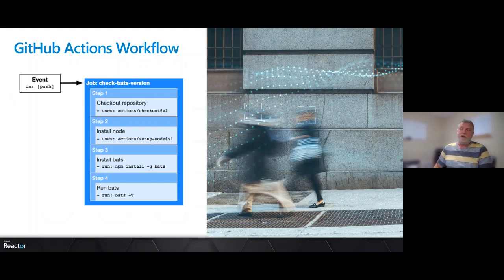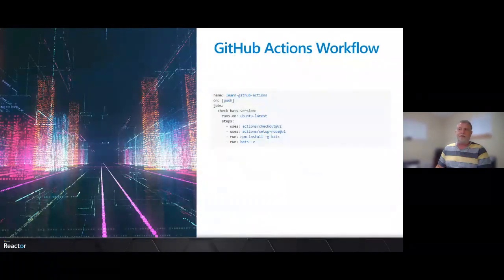So if we take this conceptual workflow definition or layout here and actually translate it to the associated YAML that you would use to define it, it would look something like this. Our workflow would have a name, learn-github-actions. Here is our trigger, so on push, and because we're not specifying a branch, it's going to be on push to any branch in the repository.